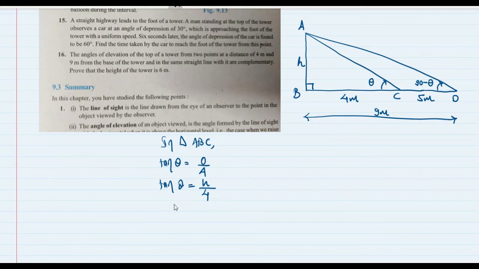Keep this as it is because we are going to get surprised now. Can you tell me which other triangle we will take? ABD. Very good. We'll always take right angle triangle. Although there is this triangle ACD over here, because it's not right angle, we can't take it.